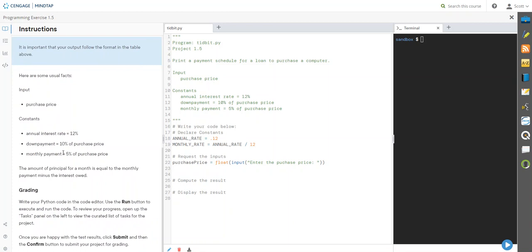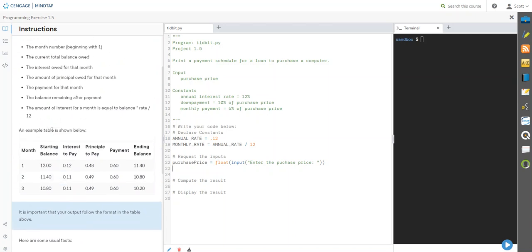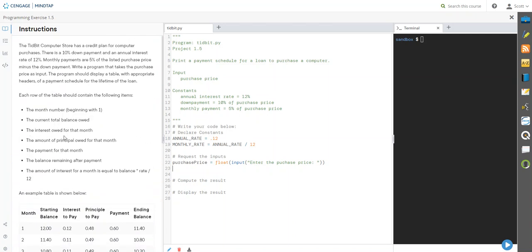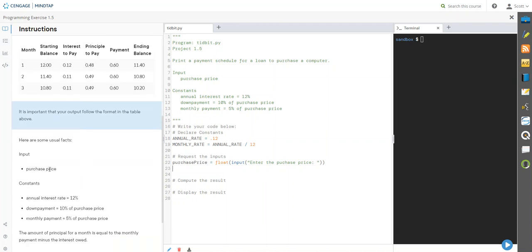Constants, they gave us that. I'm surprised that they don't have this laid out the way that they had in previous ones, to where we could see exactly, boom, boom, boom, each line of what's taking place. But we've got to get the purchase price, because they told us get the purchase price.